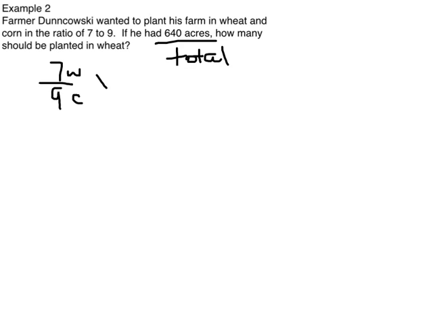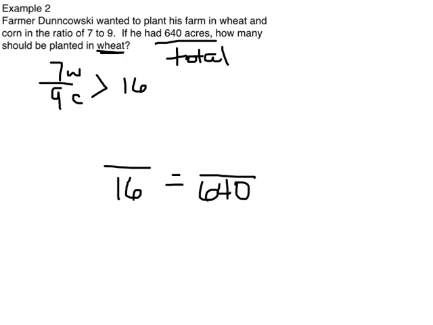So then I need to get a total of my two ratio numbers. 9 plus 7 is 16. So I'm going to put 16 on the bottom and then equals, and then 640 here. And we're wanting to know how much wheat. So we'll use the 7 because it represents wheat. And we're looking for X.